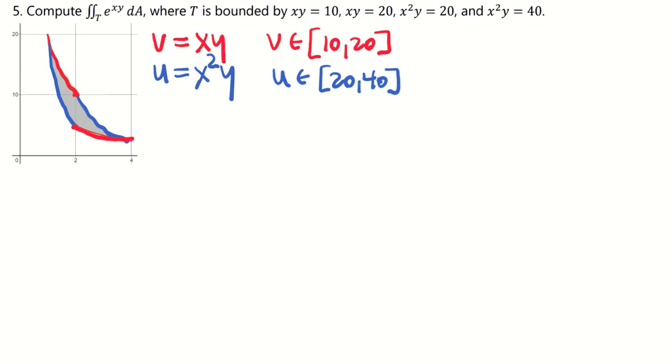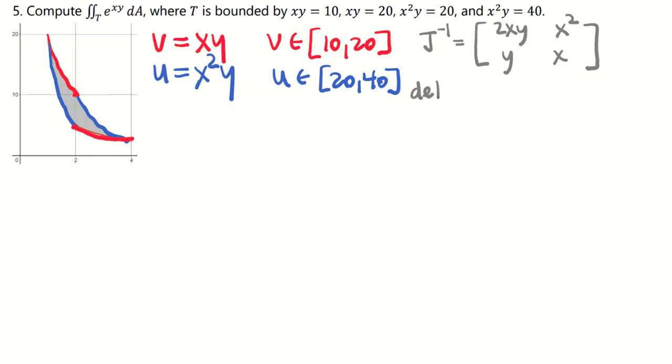Okay. So J inverse is going to be ux, uy, vx, vy. Okay, ux is going to be 2xy. Uy is going to be x squared. Vx is y, and vy is going to be x.